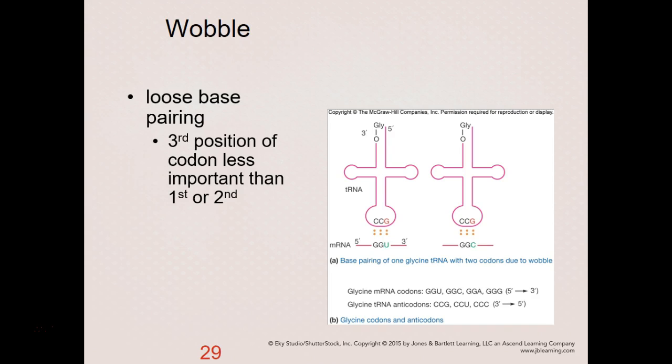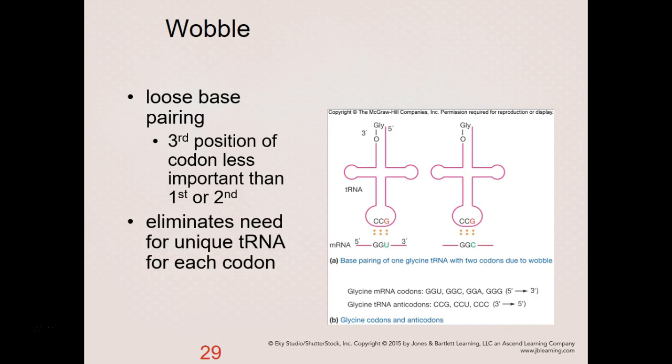So the third position is not nearly as important, but the first and second positions are very important. And this eliminates our need for an individual transfer RNA for every single codon. We only need 20 different transfer RNAs that carry the anticodon and carry the 20 different amino acids.